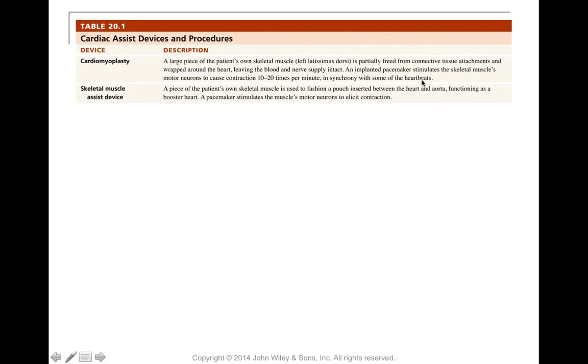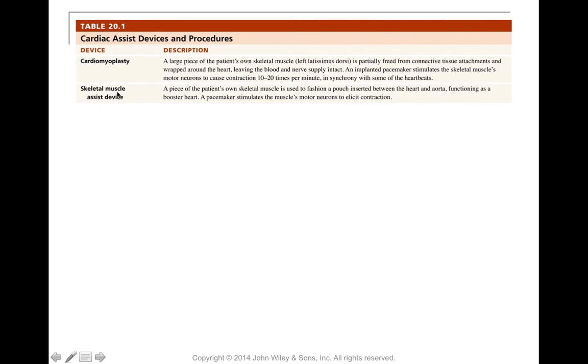It's not going to contract entirely in sync with the heartbeats because we don't want to induce the pacemaker to change the heart signal. So we end up with contraction about 10 to 20 times per minute, and several of them fall in sync with the heartbeat, so hopefully it's helpful.